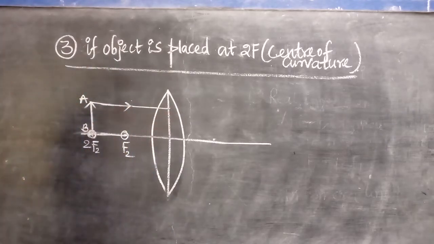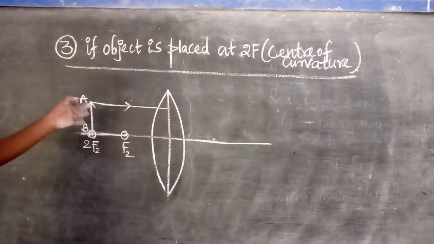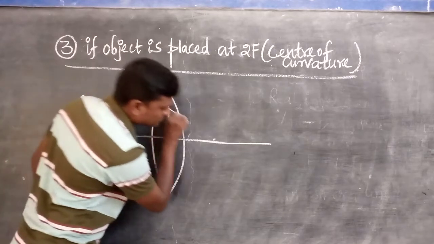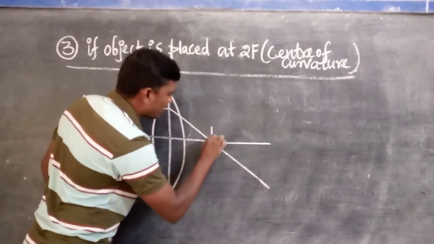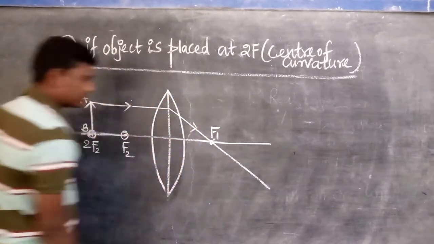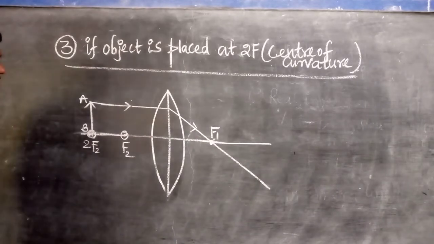A ray parallel to the principal axis, you know that after the refraction, it is passing through which one? The focus. It is the f1, we know that. Next, one more ray we also consider.